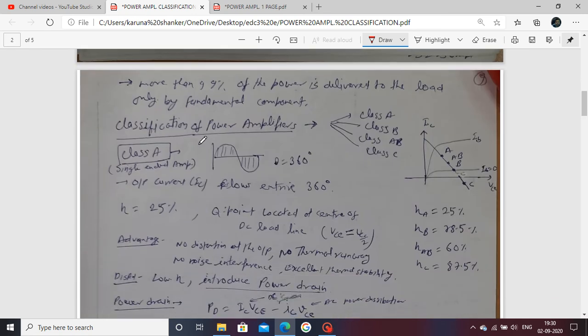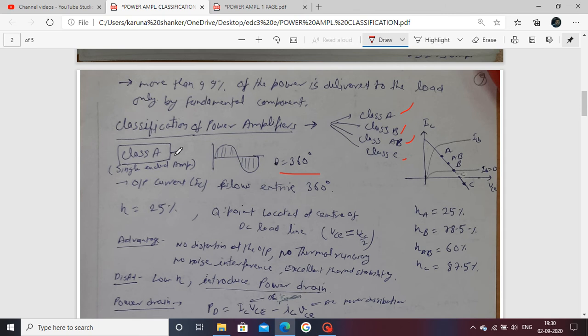Next, the types of power amplifier. There are four types: class A, class B, class AB and class C. We see class A amplifier first. The output current flows for theta equal to 360 degrees, meaning one complete cycle of output current flows in a class A amplifier.